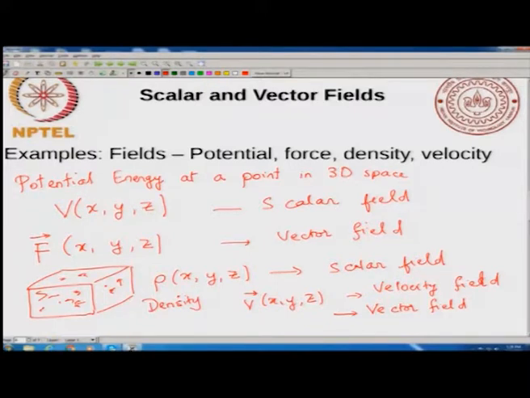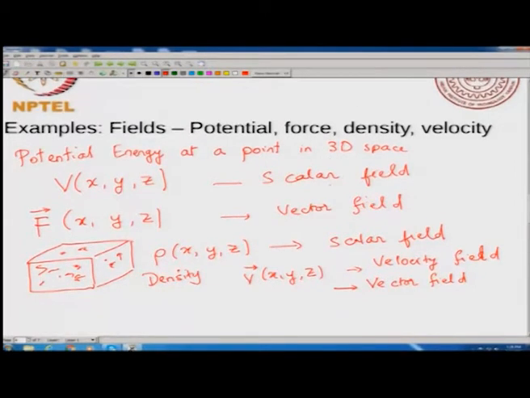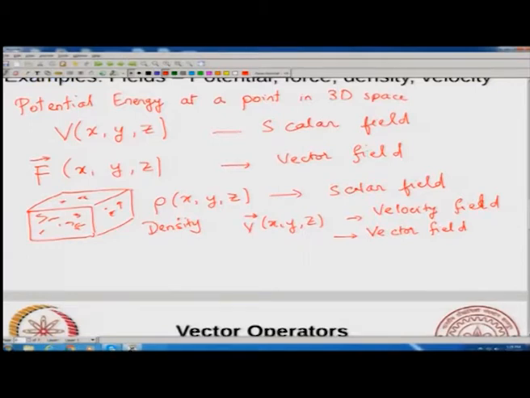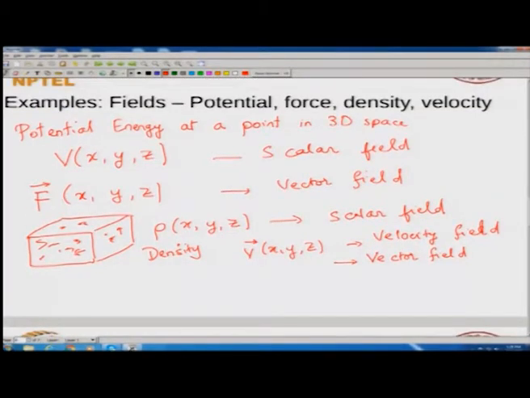You can think of the velocity at any point in the fluid as a vector field. Okay. So these are some examples of scalar and vector fields. Of course, there are many more examples, but I just wanted to say where you encounter these kind of objects. In fact, as we said, any function of multiple variables you can think of as a scalar field.